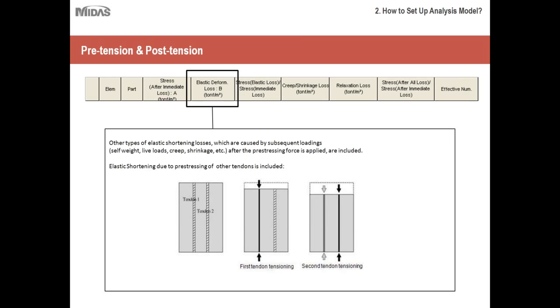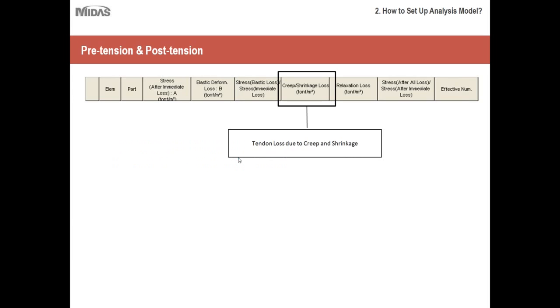So you must account for these types of elastic deformation, because in splice girder bridges, this is a phenomenon that will definitely occur as you are post-tensioning a prestressed section, and you have to account for all these other effects. Then creep and shrinkage loss.